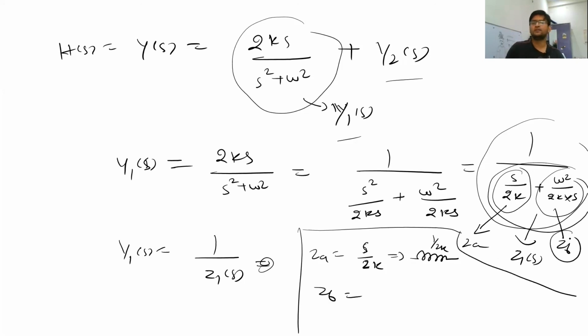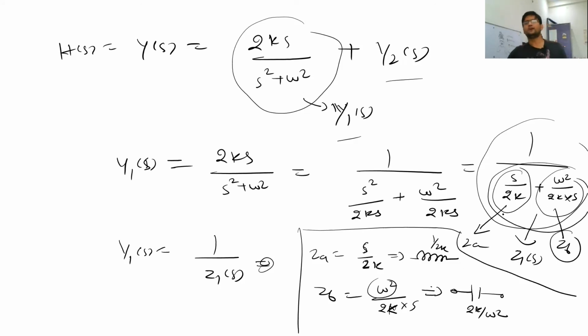If you see this zb, you will get omega square upon 2k into s. So this represents a capacitor, and if you take omega here, you will get its value as 2k upon omega square.